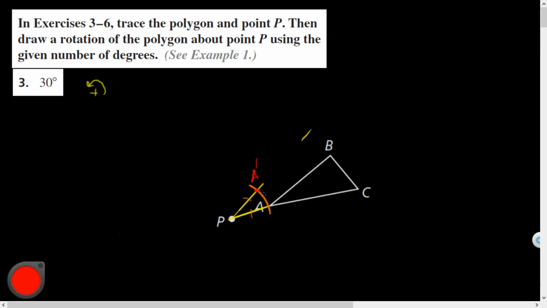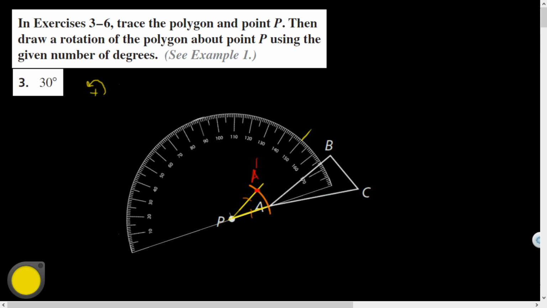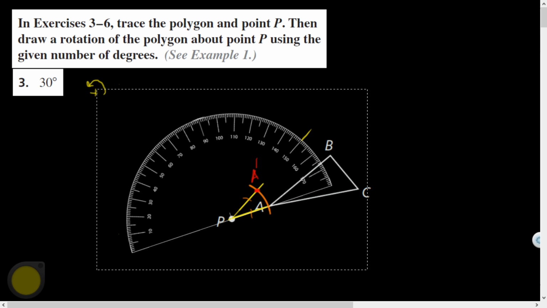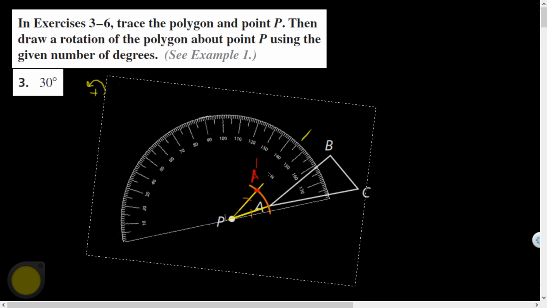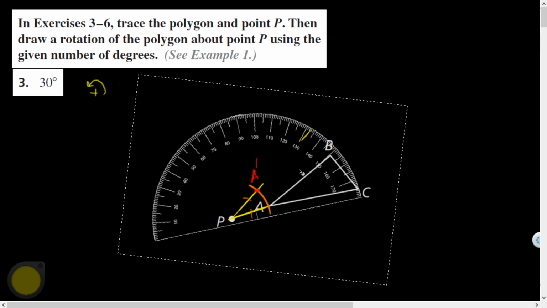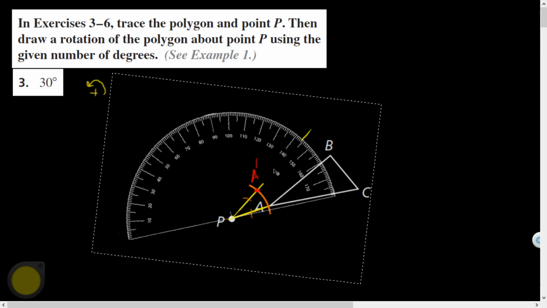Okay, so that's just for one of the points. Now I'd have to do this for the remaining points. So I would take out my protractor. I would line it up. Let's see, am I working in the right layer? No, I keep forgetting which layer I'm working in. Lots of things going on here. So I would rotate this so that it's going to line up. Let's do point C. So the center is going to be there.